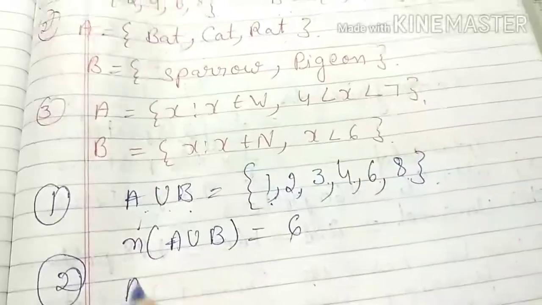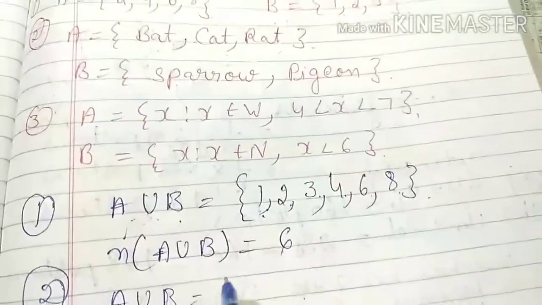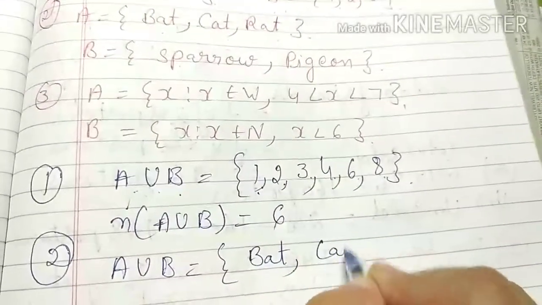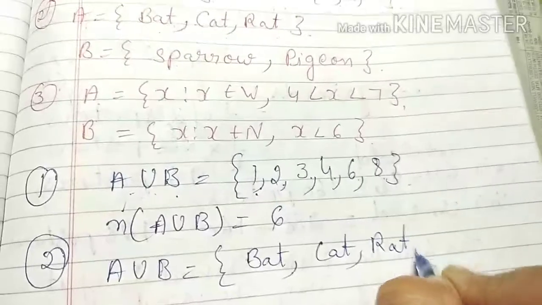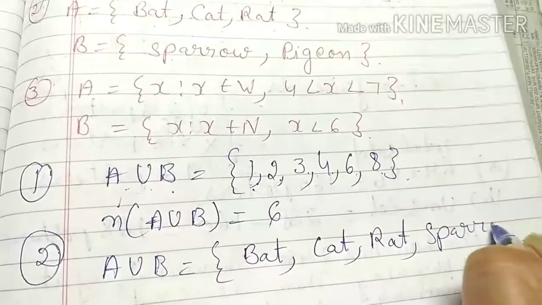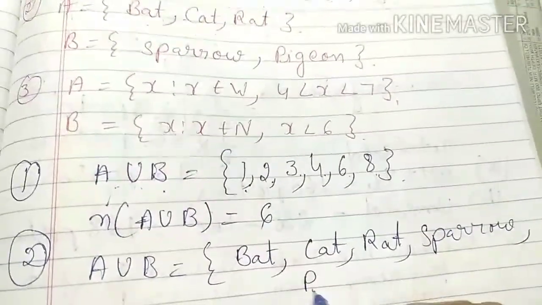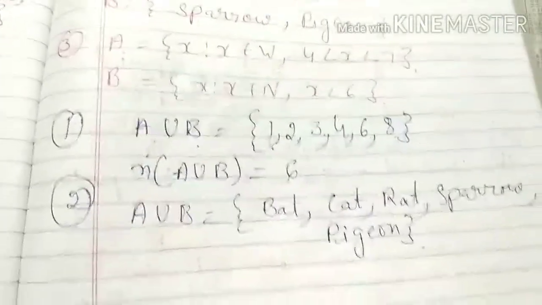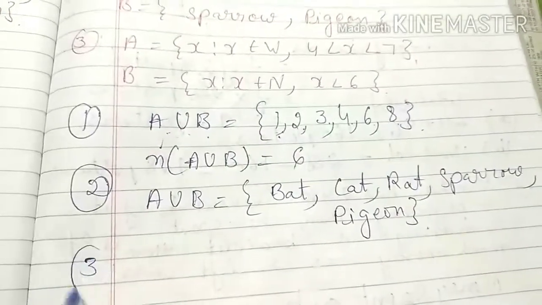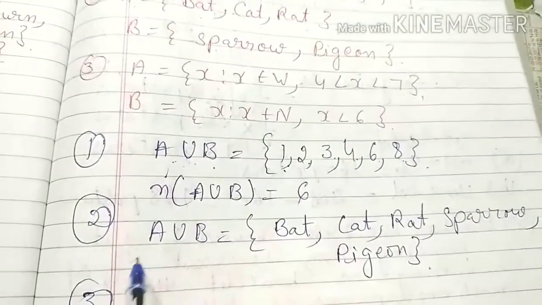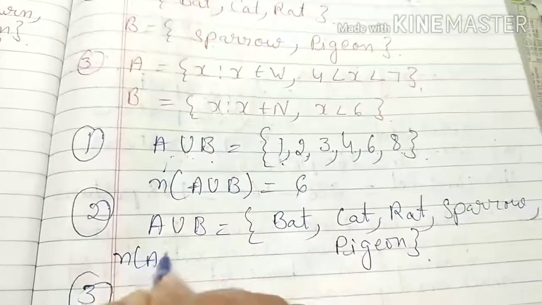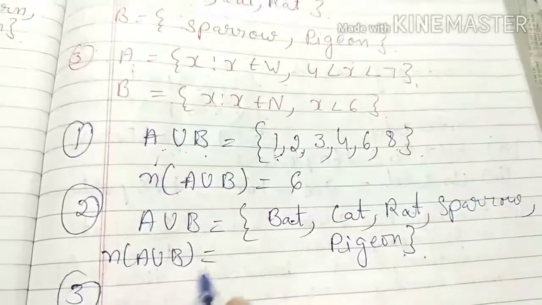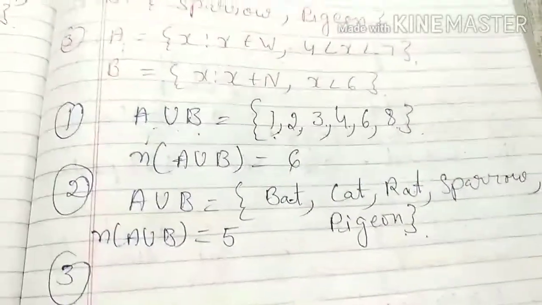If you write A union B in this case, you have to write all the elements: bat, cat, rat, sparrow, pigeon. Now again, if I write the cardinal number of this, 1, 2, 3, 4, 5, so that will be 5. There are 5 elements in this.